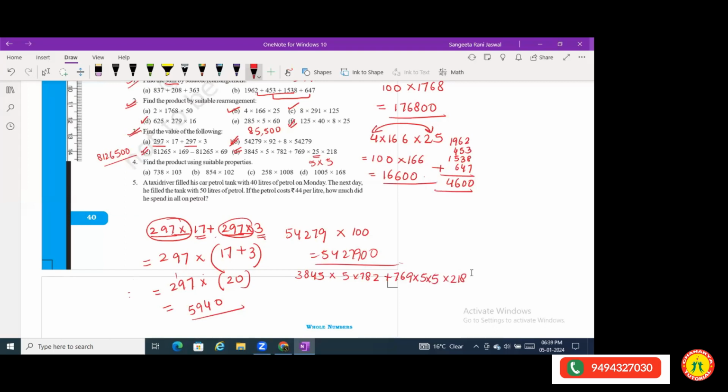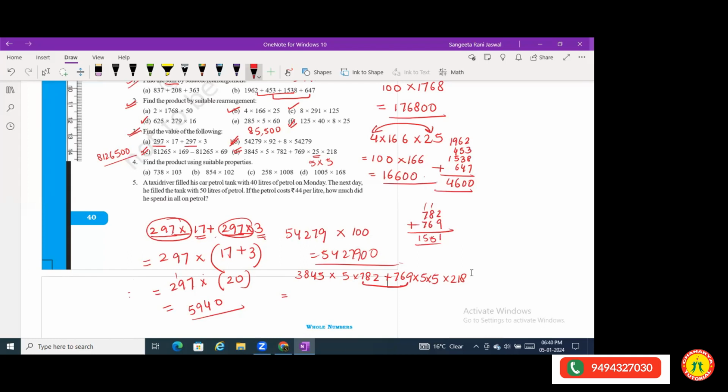Okay, so what I do, I'll see what I can take common outside. If I add 782 and 769, what do I get? 9 plus 2, this is 11. 14, this is 15. Here I'm trying to take something common outside.